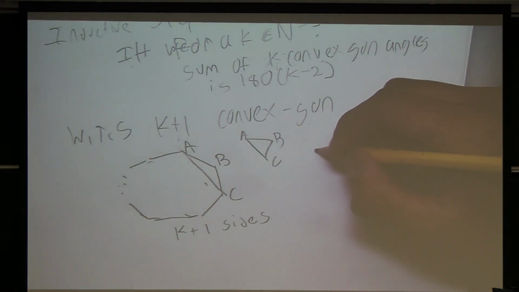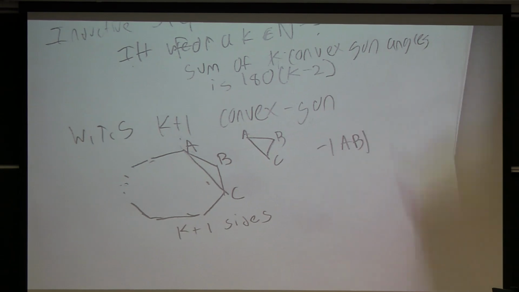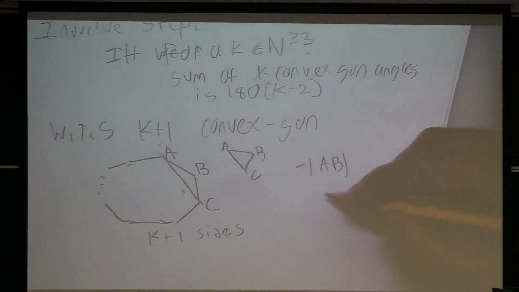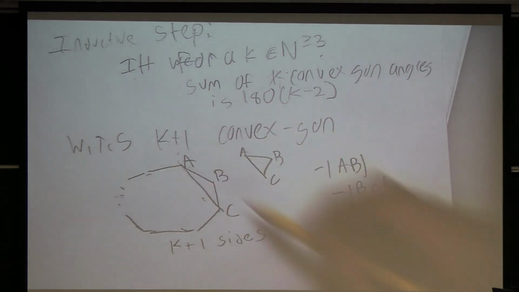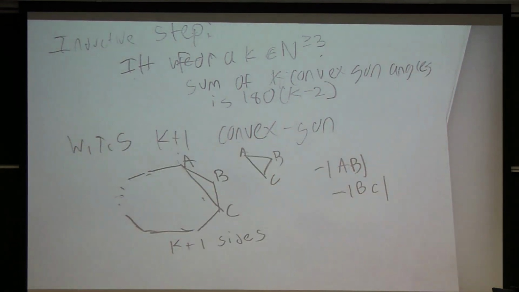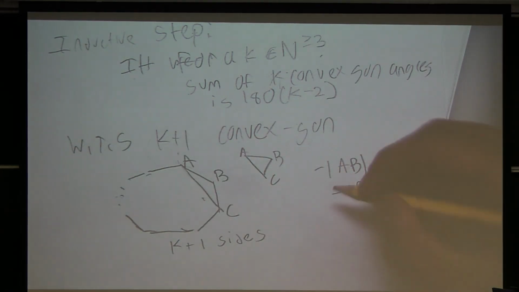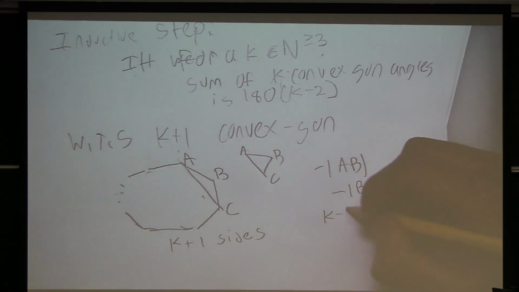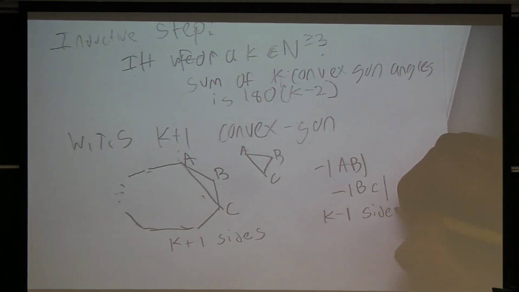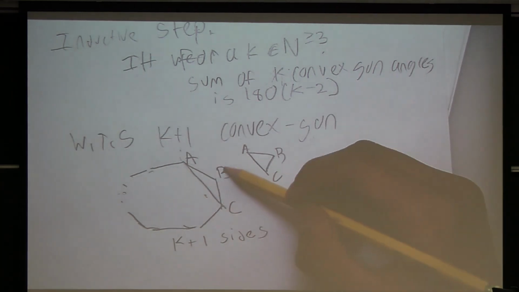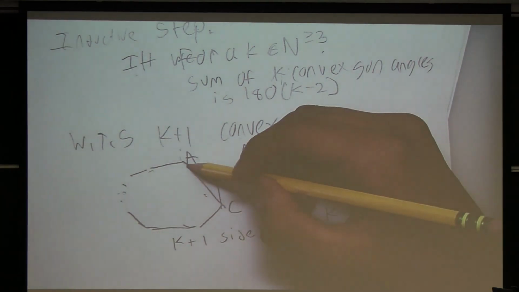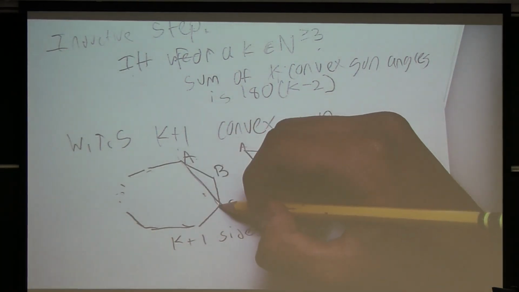We removed AB and we removed BC. So we took away 2 sides from a k plus 1 sided shape. So we're left with a k minus 1 sided shape. But when we remove the triangle ABC, we're left with a new side, AC.